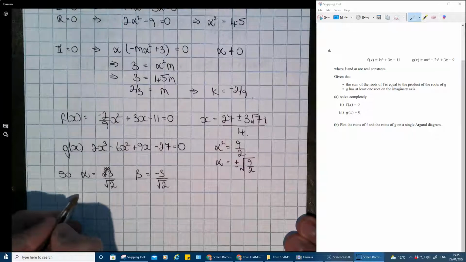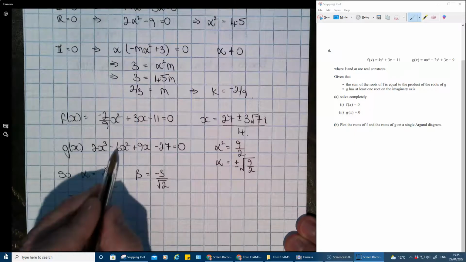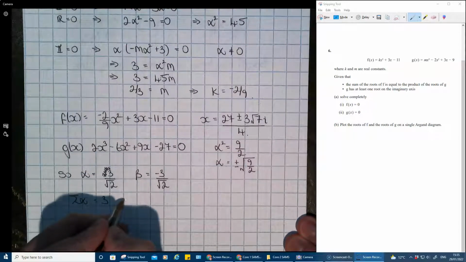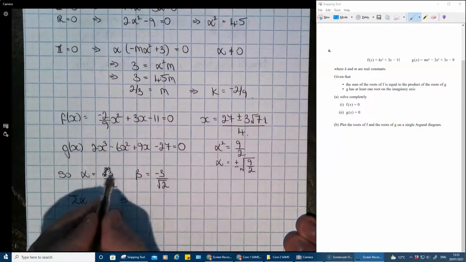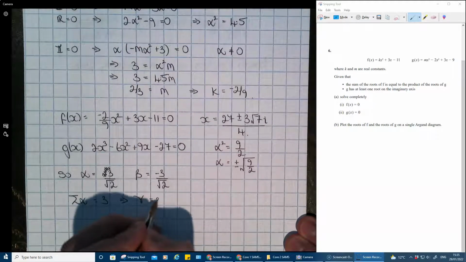And I know the sum of the roots equals minus b over a, which is 3. So these two add up to give 0, which implies gamma must equal 3.